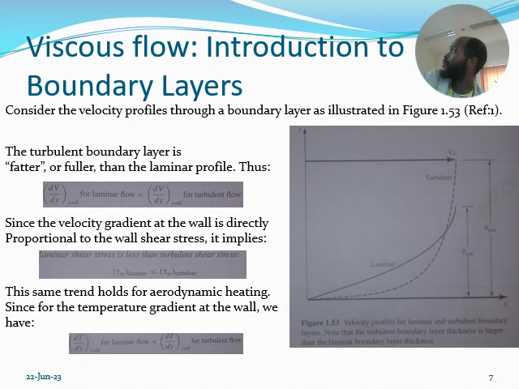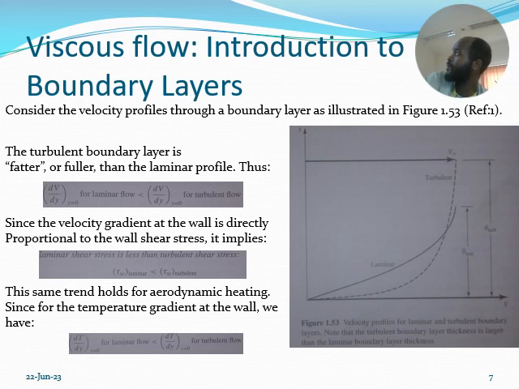And because this is shallow and this is quite steep, the velocity gradient, that is you going from here to here, the rate of change of velocity, remember that this is the velocity profile we are looking at, the rate of change of velocity with distance away from the surface is less than the rate of change of velocity with distance for the turbulent flow. For instance, from zero velocity, you go to a value here.